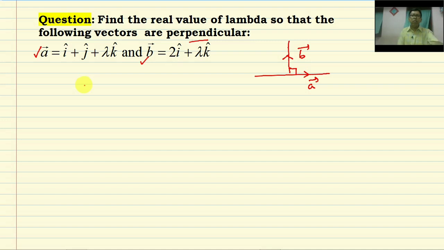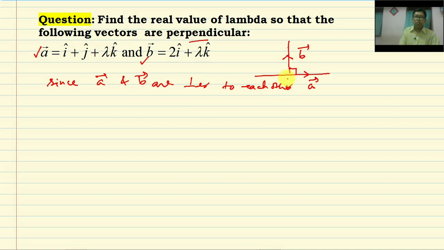Since A vector and B vector are perpendicular to each other, A dot B is equal to 0. We discussed this property.